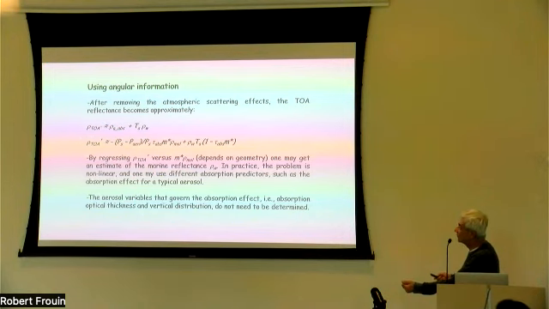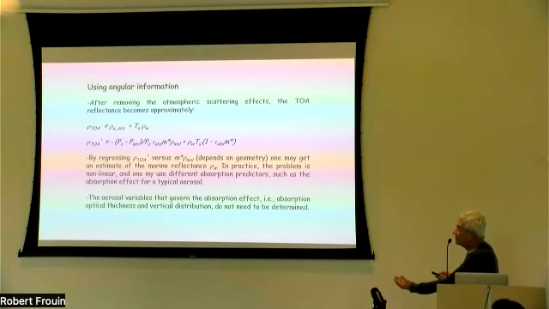So, in fact, the signal that remains is the sum of the two, and if I use the expression from before, I get this expression here. That's an interesting equation, because you can see that the signal is really modulated by the product of the aerosol, the molecular scattering and the air mass.